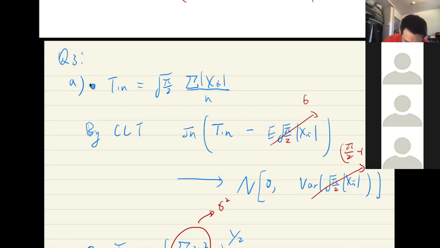You can say it is like this, so n is in here. Oh, okay. So this is a mean, small mean minus mean. Okay, thanks.